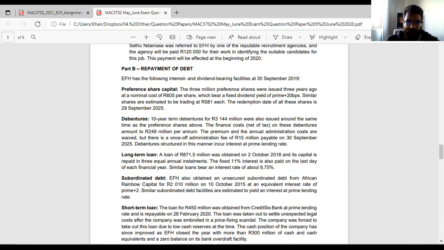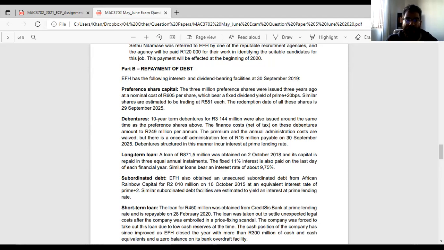The finance costs, net of tax on these debentures, amount to 249. The premium and the annual administration costs are waived, but there is a once-off administration fee of 15 million payable on 30th September 2025. Debentures structured in this manner incur interest at prime lending rate. Okay, so that you can see is the market rate.